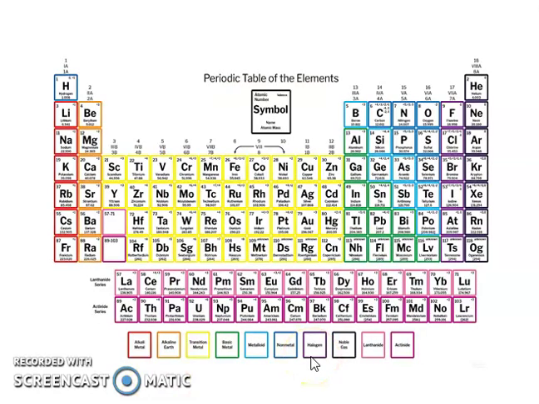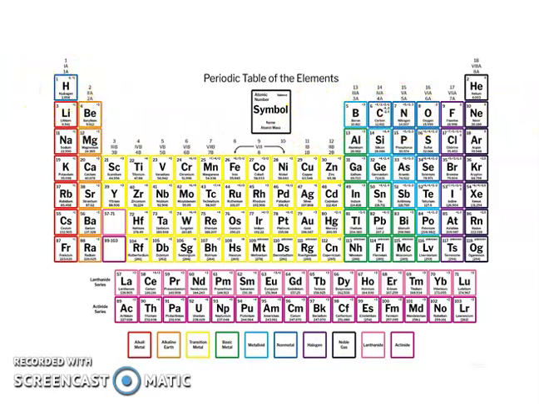Do you know that we can also guess the electron arrangement of an element by looking at the periodic table? Before that, I want you to know that the elements in a periodic table are arranged according to their increasing atomic number, which also means the proton number. See 1, 2, continued by 3, 4, 5, 6, and more.